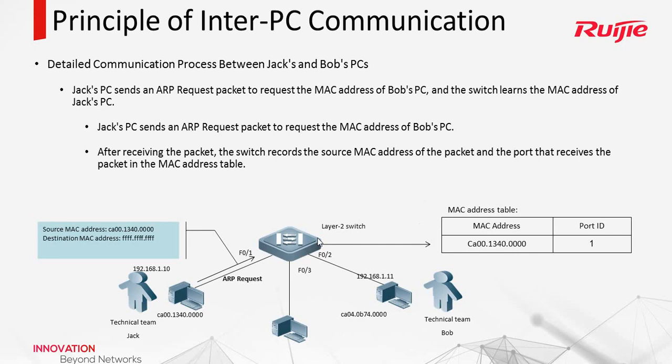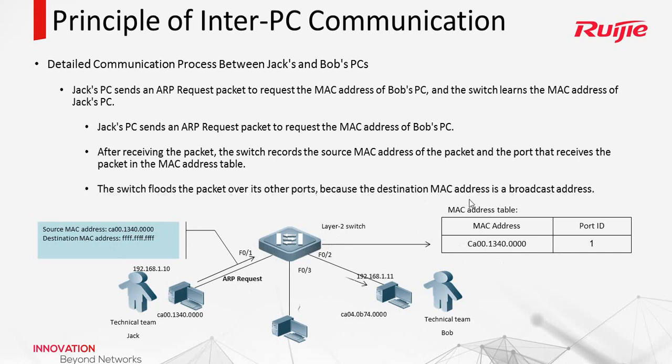When the switch receives it, the switch will record the MAC address with the port number. So here will be a MAC address entry in the MAC address table. Then, because this is a broadcast packet, the switch will flood the packet to all of the other ports.